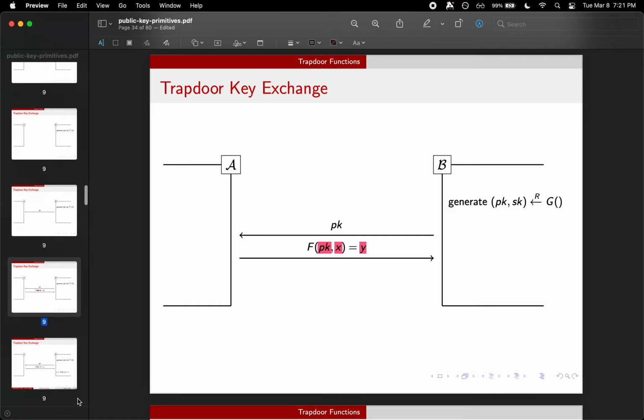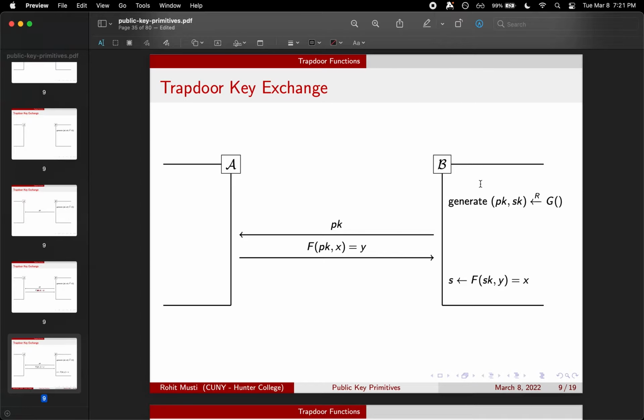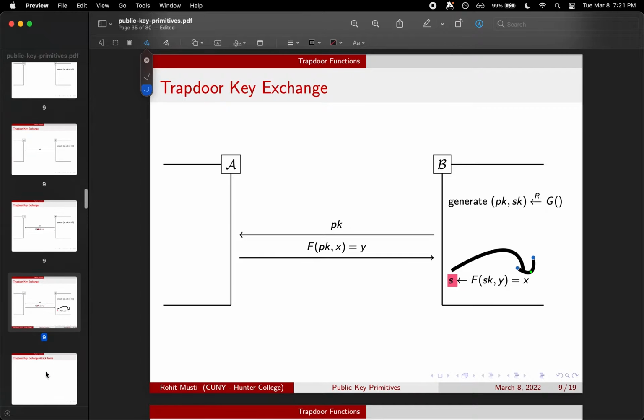Then Bob gathers from that the secret S, and S is just X. That's just the secret that was being shared. And now Alice knows X, and since X is the same as S, both Alice and Bob now have a shared secret.